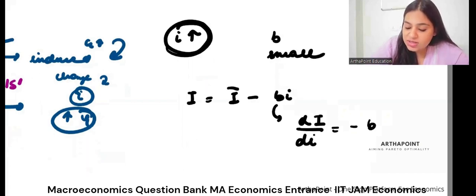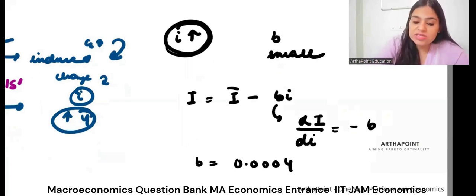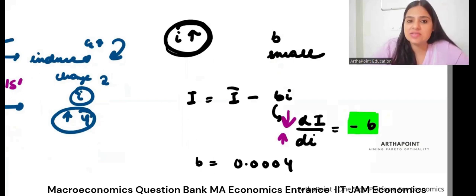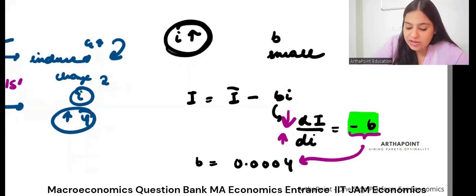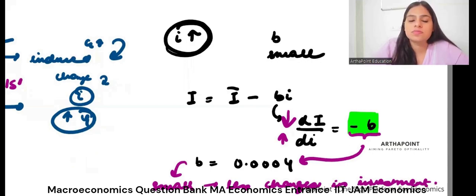Now imagine that this b is very, very small, 0.0004. So if this b is small, no doubt when interest rate increases, investment will decrease, but it will only decrease by the amount of this b. And if this b is small, then we will see less change in investment. So less crowding out effect.